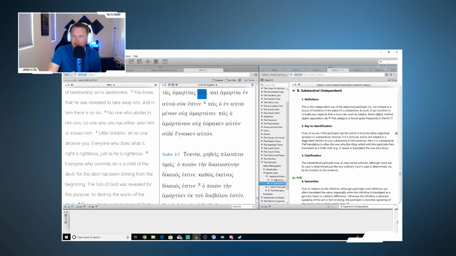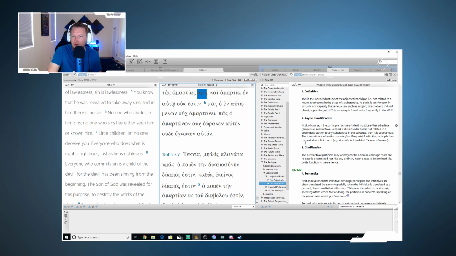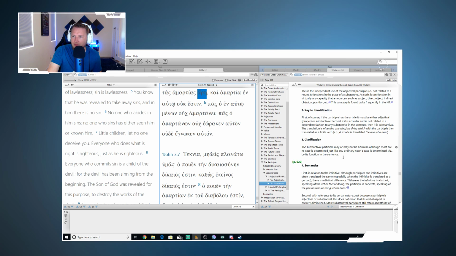As such, it can function in virtually any capacity that a noun can, such as subject, direct object, indirect object, apposition, etc. It must either be adjectival proper or substantival. Second, if it is articular and not related in dependent fashion to any substantive in the sentence, then it is substantival. The translation is often the one who or the thing which, with the participle then translated as a finite verb.